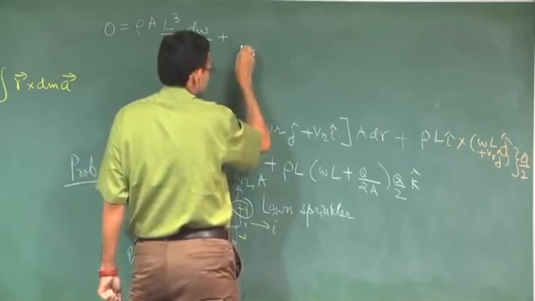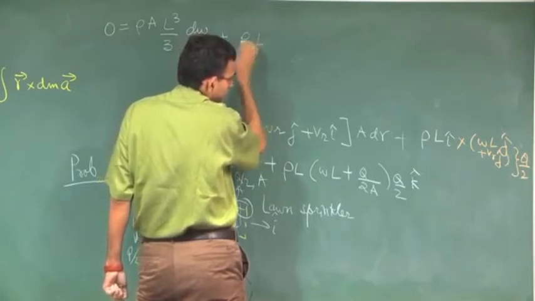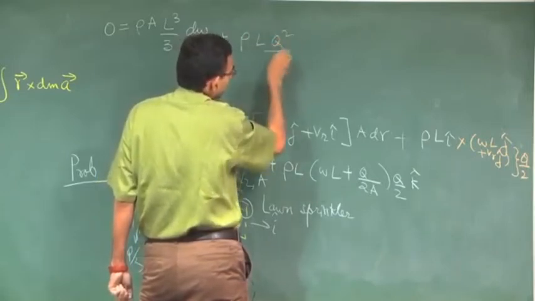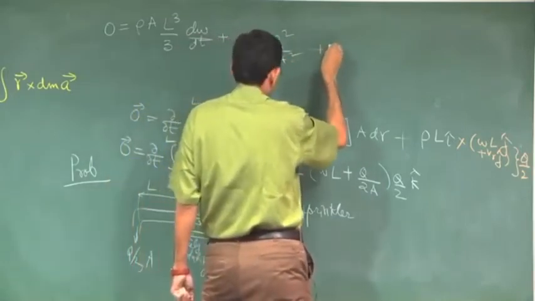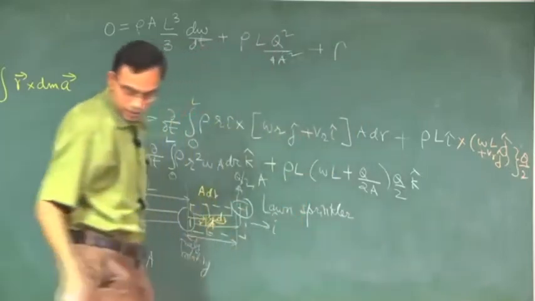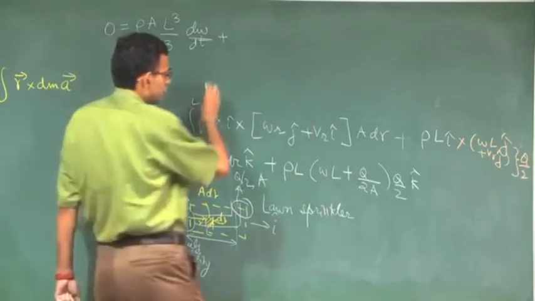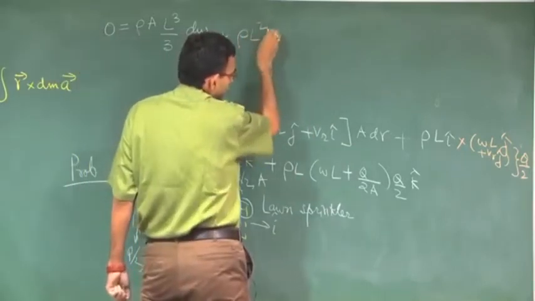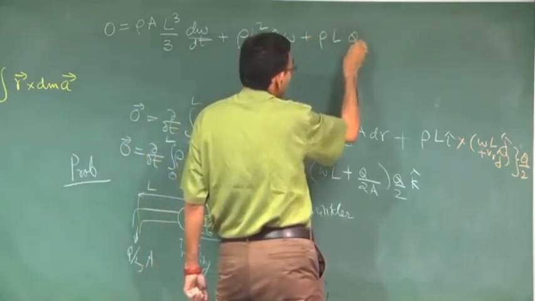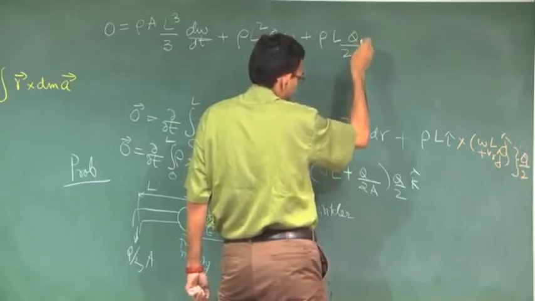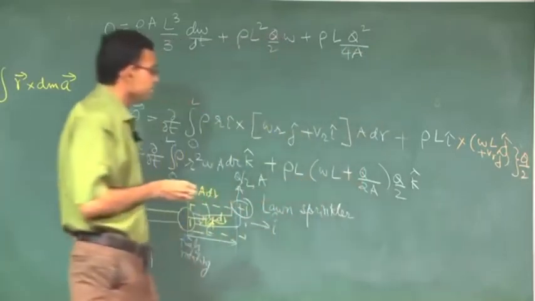plus rho L Q square by 4a square plus, sorry, there is another term, so let us write that first, plus rho L square Q by 2 omega plus rho L Q by 2a or Q square by 4a, right.